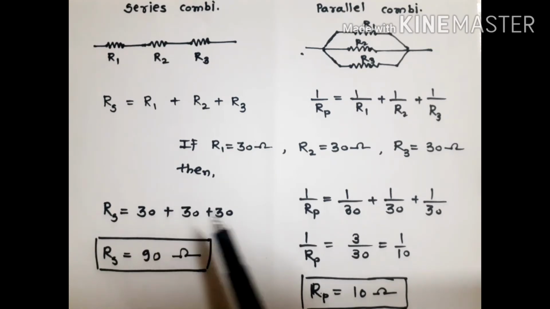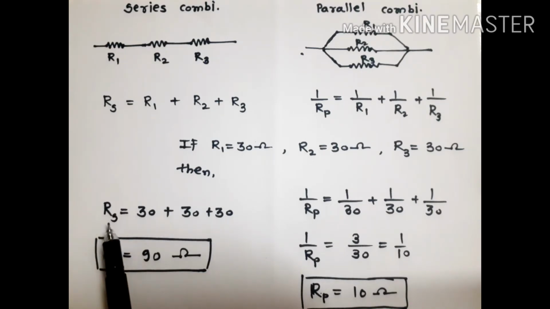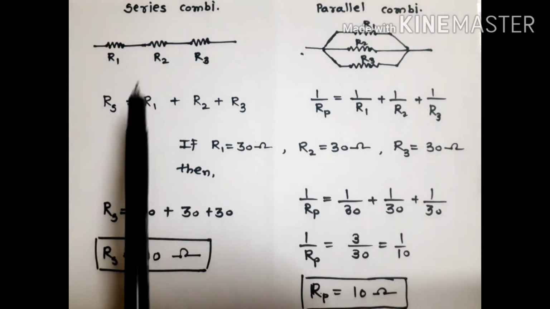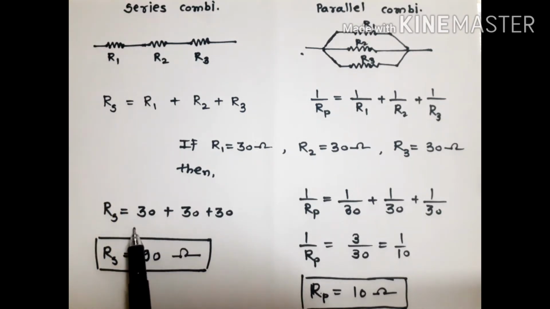From these formulas of equivalent resistance, it is clear that the series combination increases the effective resistance and the parallel combination decreases the effective resistance of the given resistors.